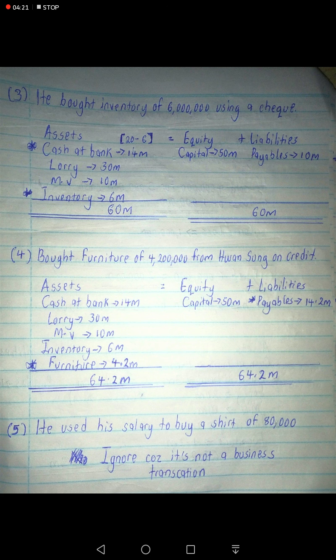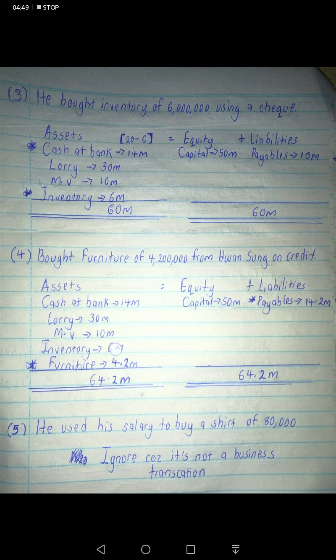So I go to the next: bought furniture of 4.2M from Huan Sang on credit. So here what is happening? Furniture is coming in as an asset, and also a payable is increasing because he gained another liability. Remember, we keep track of our previous transactions. So cash at bank is 14M, then lorry is 30M, then motor vehicle is 10M, then inventory is 6M. But what's coming in?